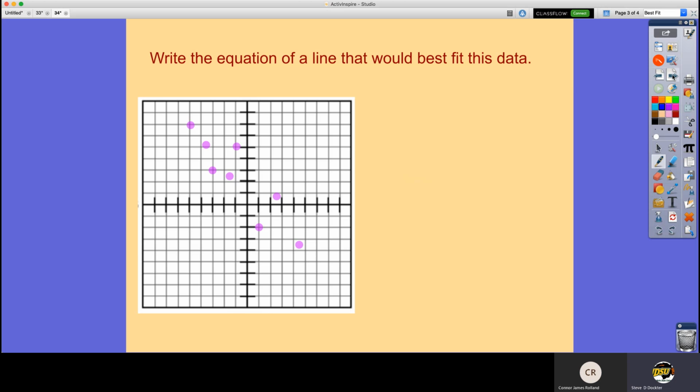All right, so do the best you can with getting that graph on there. I know it's not very easy.